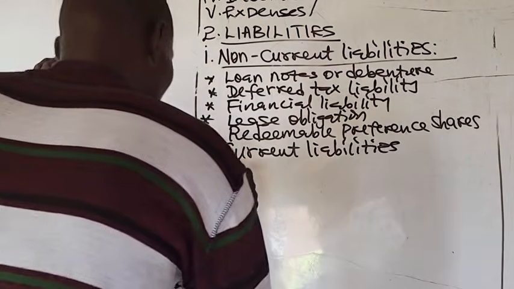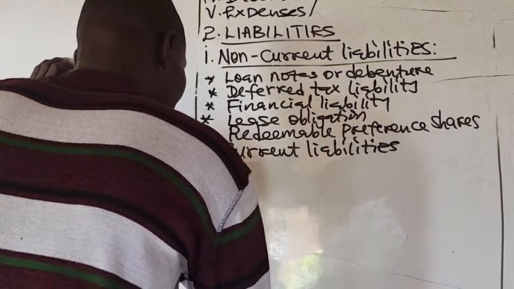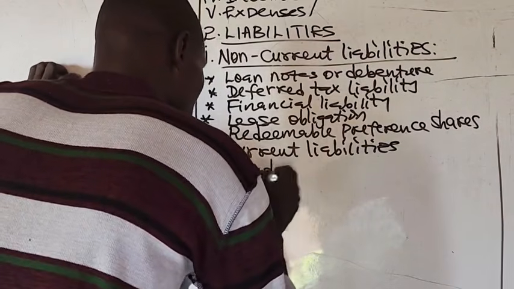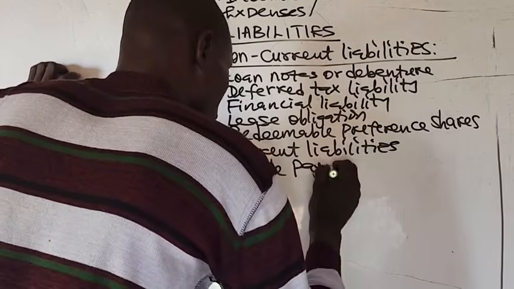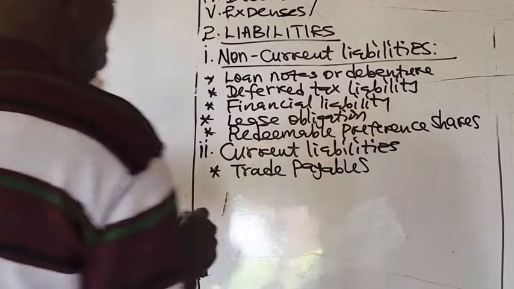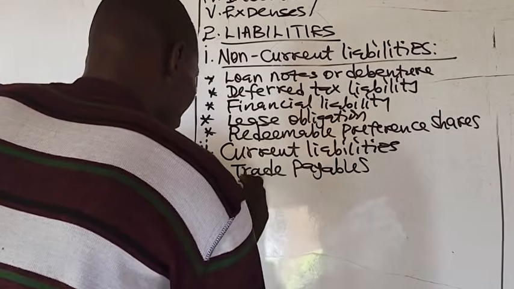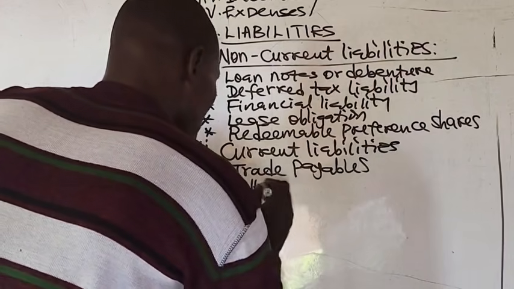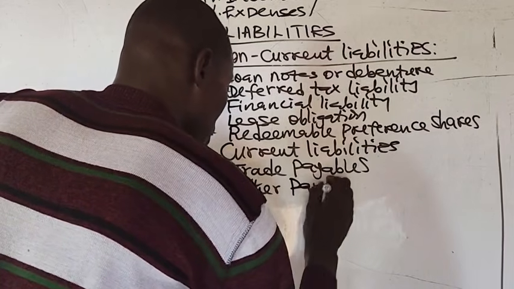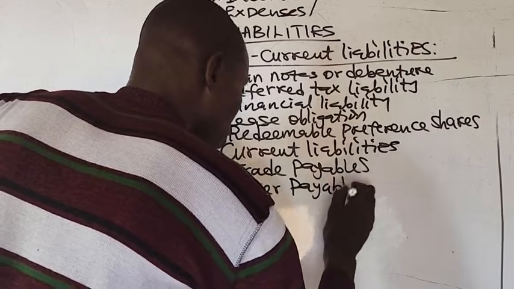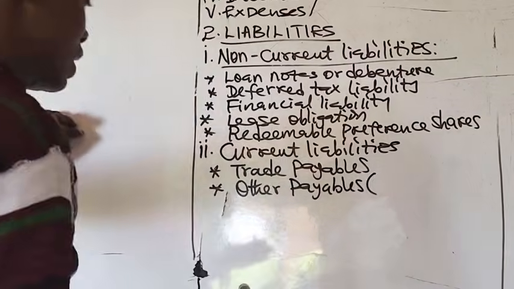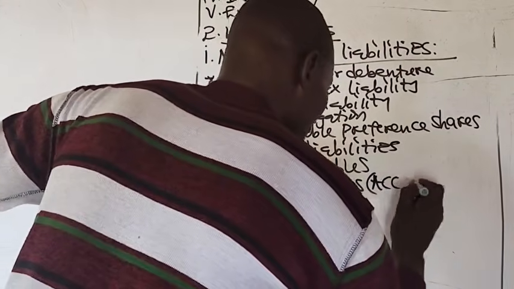Examples include: we have the trade payables. Then we have other payables, such as accrued expenses.